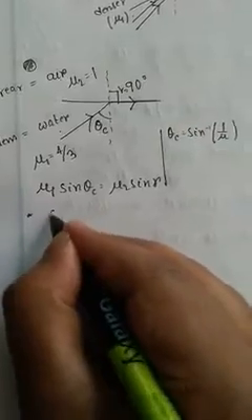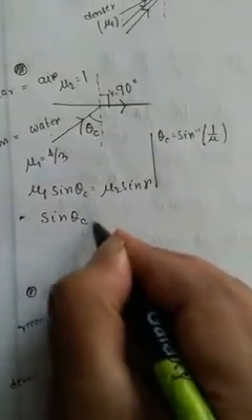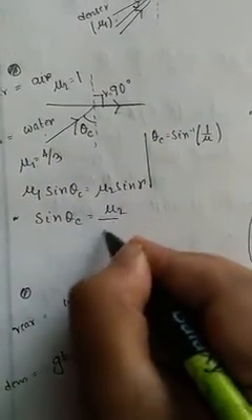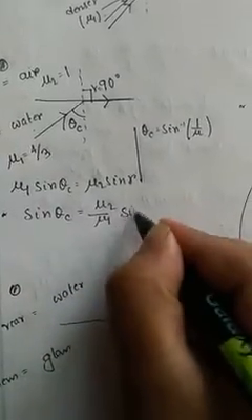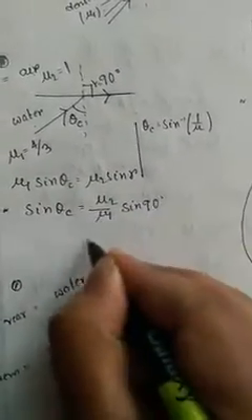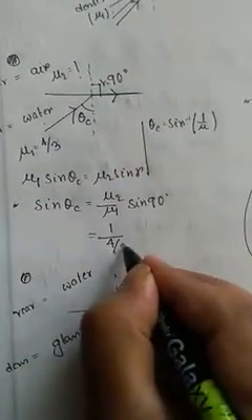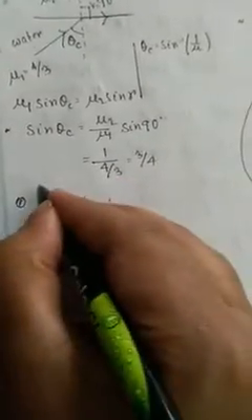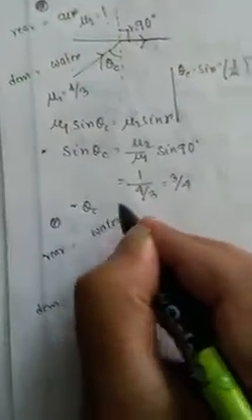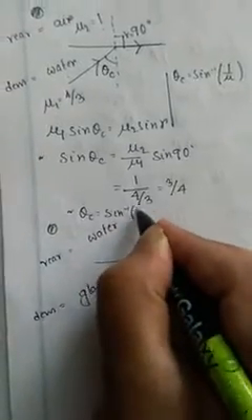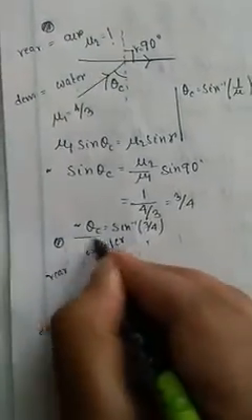So sine theta c equal to mu2 by mu1 times sine r, and sine 90 is 1. What is mu2 here? That is 1. And what is mu1 here? That is 4 by 3. So I can write it as 3 by 4. So the answer is theta c equal to sine inverse 3 by 4.